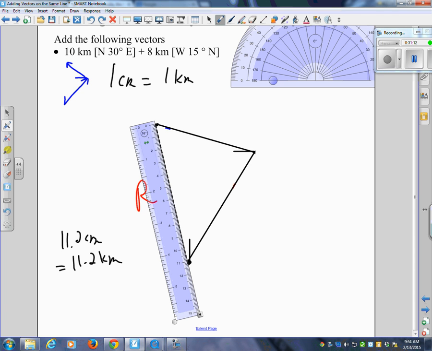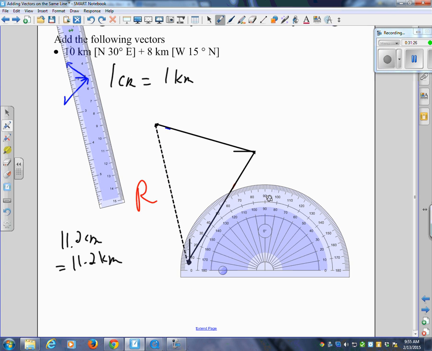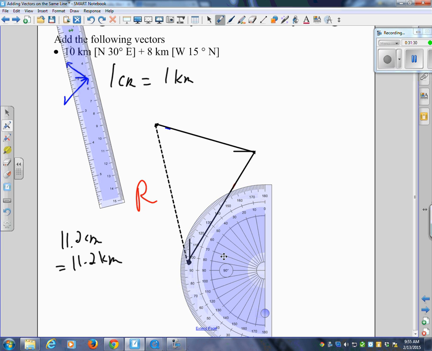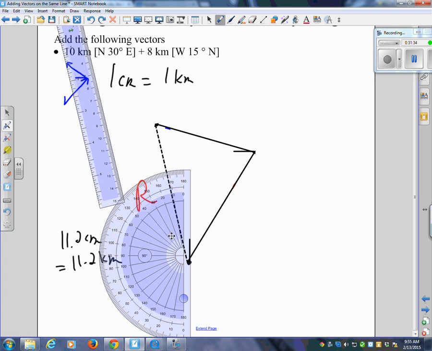Am I done? Why not? Well, it's either yes or no, and it's 50-50, right? What's the one thing I need still? I need the angle. Very good. Now, where do you measure from? Beginning. You have to measure at the beginning, and you have to measure from the reference line. Don't measure from this.